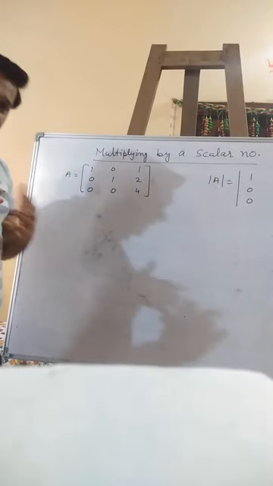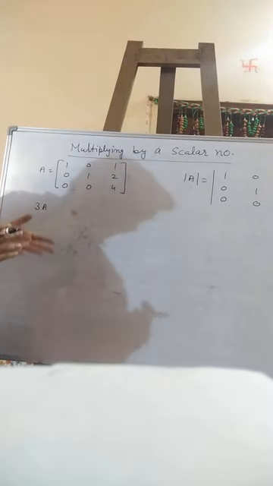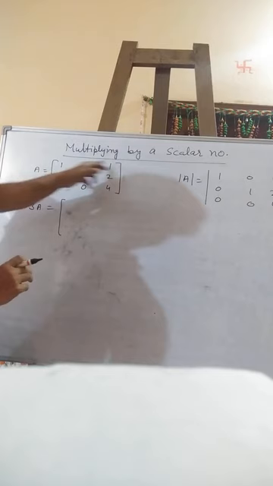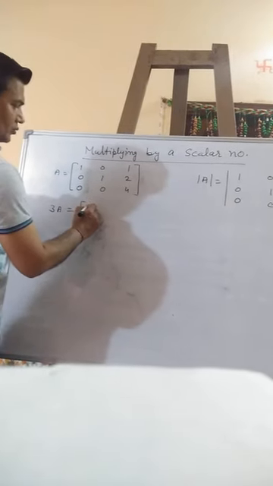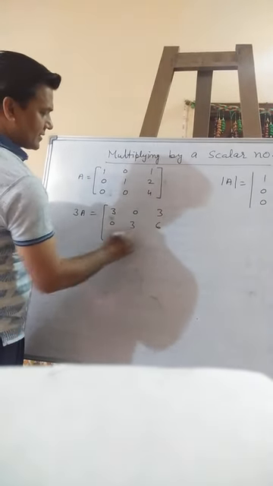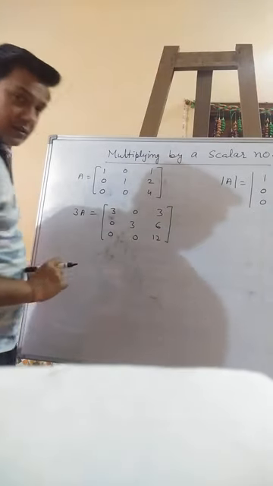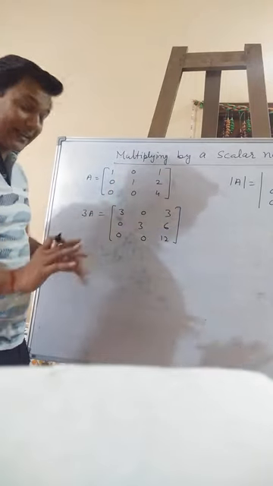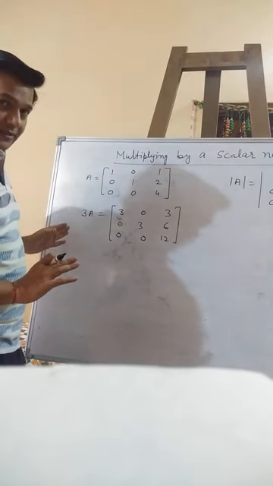In case of matrix, you know that if we are going to find 3A, which means we are going to multiply each and every number of that matrix by 3. 3 0 3 0 3 6 0 0 12. Every element of this square matrix should be multiplied by that number which is outside the matrix side.